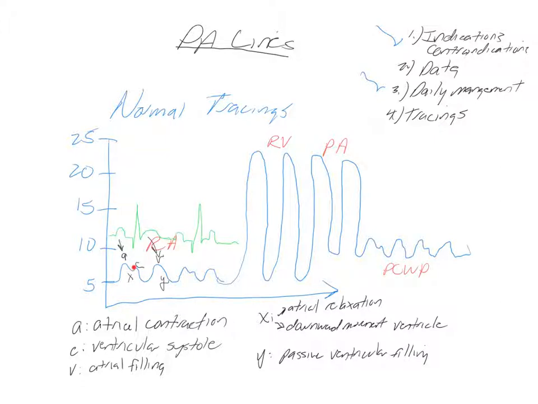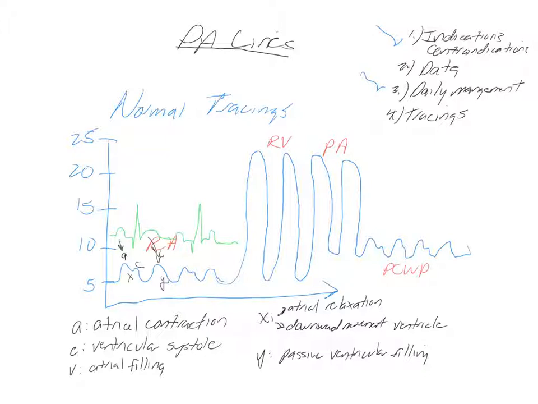You then have a C wave, which may or may not be present, that represents the onset of ventricular systole and the closure of the tricuspid valve bowing into the right atrium. You then have an X prime descent, which represents the downward movement of the right ventricle, followed by passive atrial filling, creating the V wave, and then opening of the tricuspid valve and passive ventricular filling following the T wave.